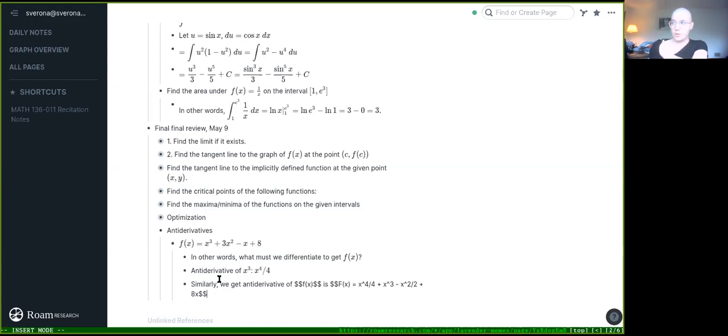So for instance, if you ever take a multivariable class, you can do an integration in two variables, call those x and y. Then you can integrate with respect to x, and you can integrate with respect to y.